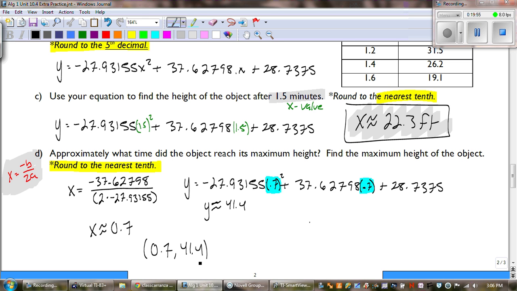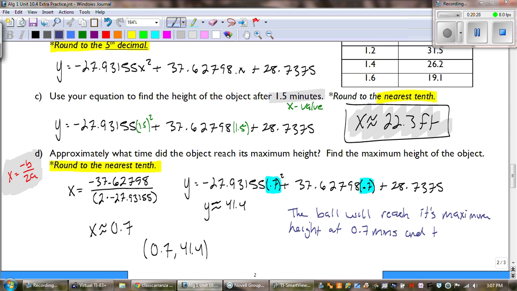Now, find the maximum height of the object. Well, we have to write a sentence about that. And that would be, the ball will reach its maximum height at 0.7 minutes.